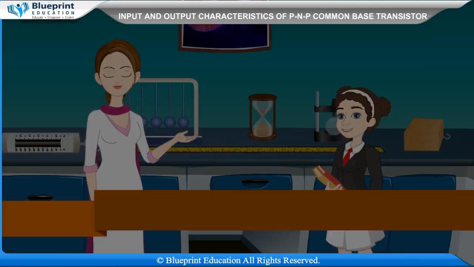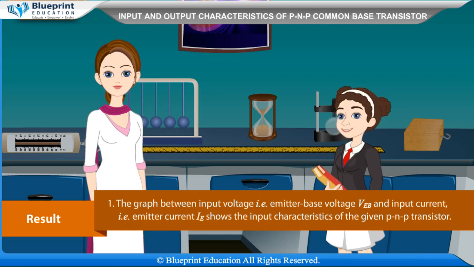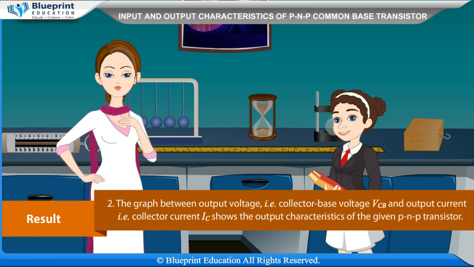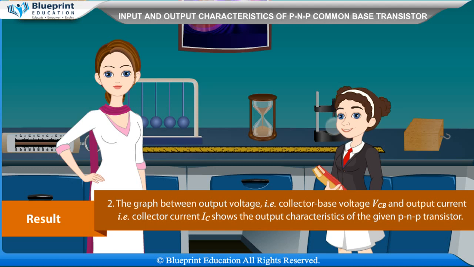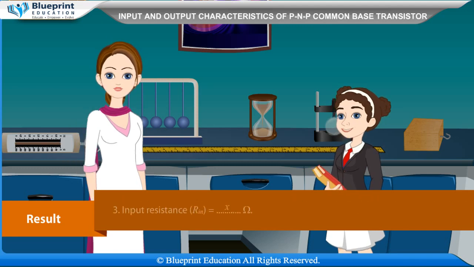Result. The graph between input voltage, that is emitter base voltage VEB, and input current, that is emitter current IE, shows the input characteristics of the given PNP transistor. The graph between output voltage, that is collector base voltage VCB, and output current, that is collector current IC, shows the output characteristics of the given PNP transistor.